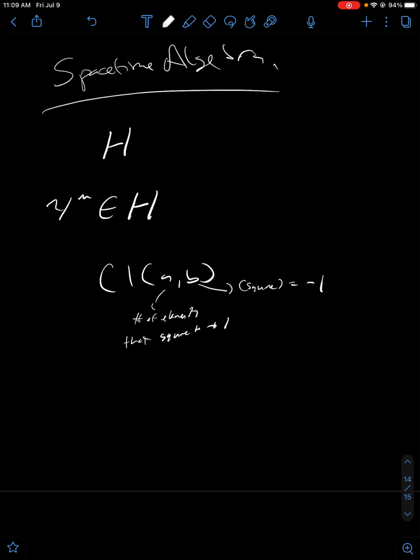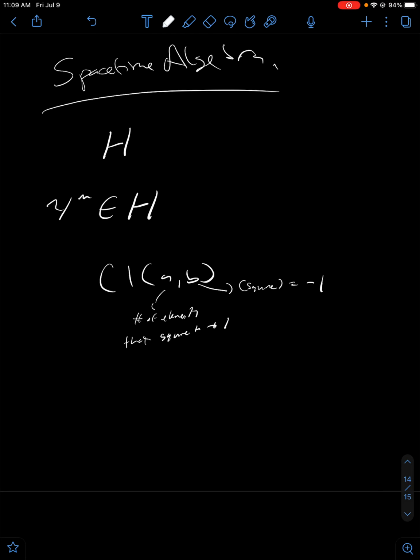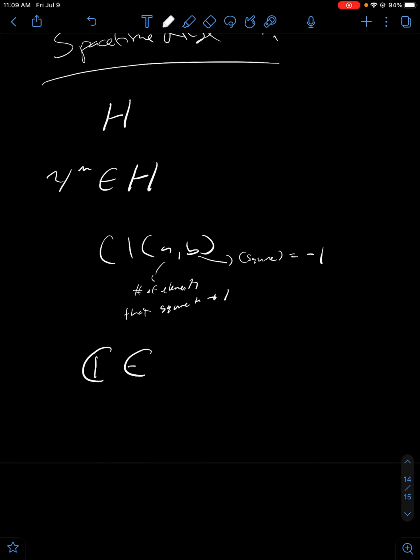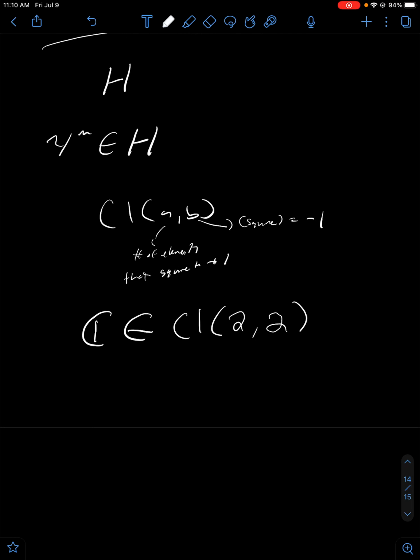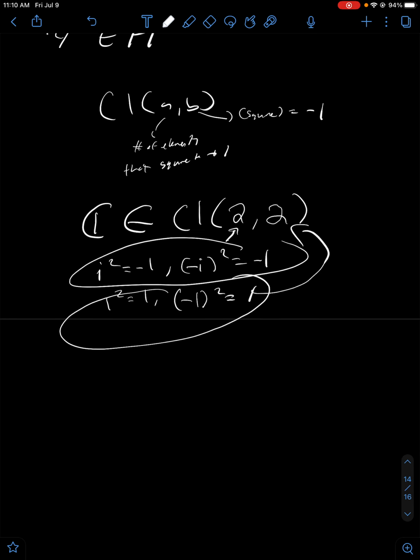Now, the complex numbers, for example, would be a member of the Clifford algebra of 2, 2, since i squares to -1, minus i squares to -1, 1 squares to 1, and -1 squares to 1. So 2 elements square to +1, 2 elements square to -1, so it's Clifford algebra 2, 2.